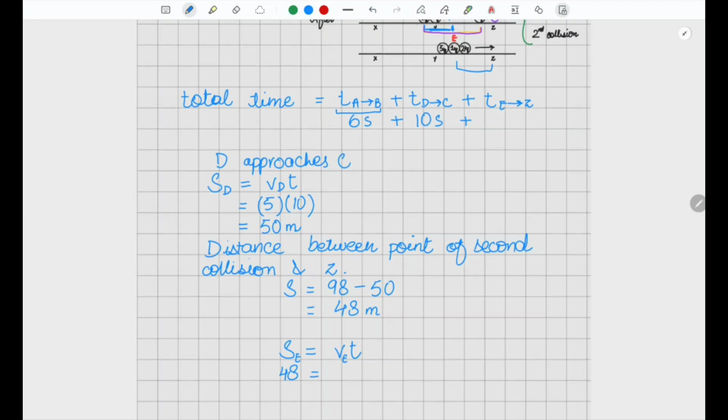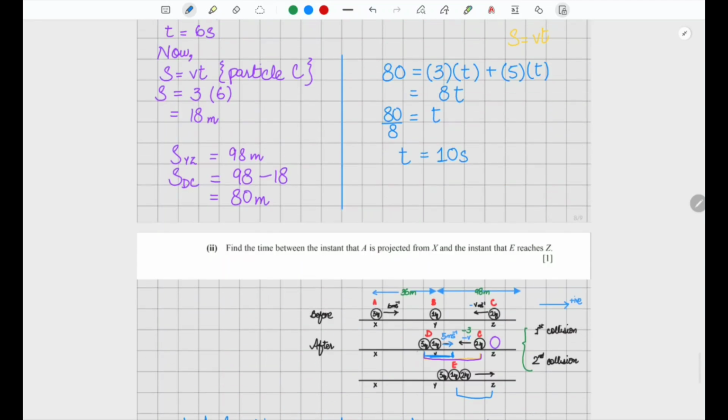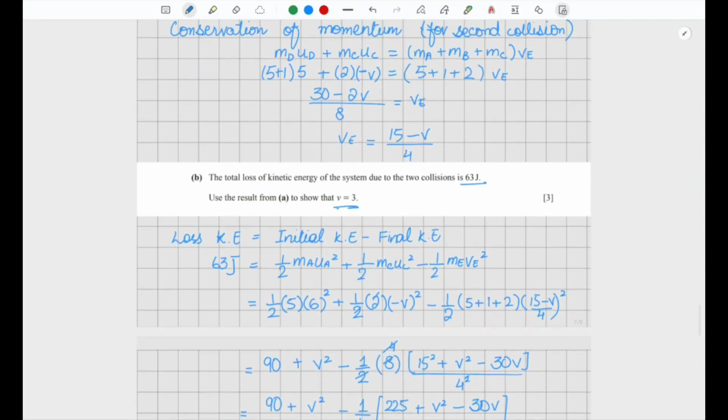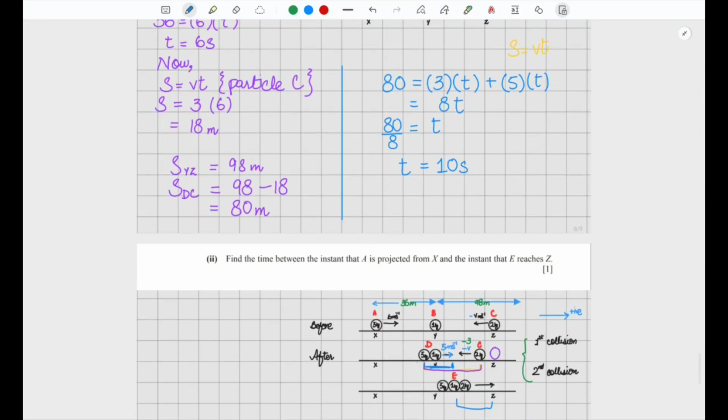What is the velocity of E? We found it in the first part, I guess, to be (15 minus V) over 4.